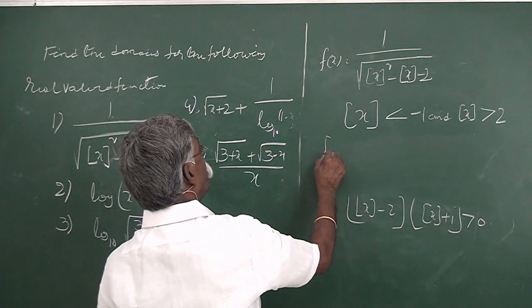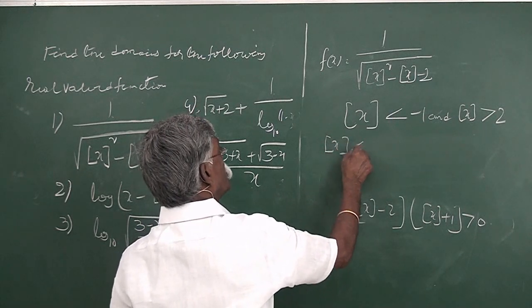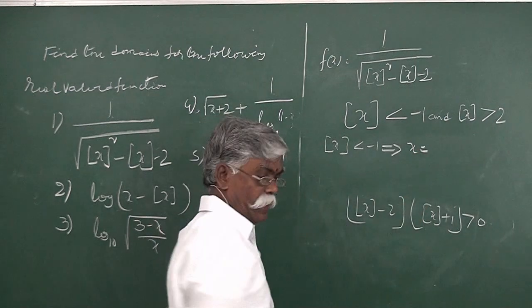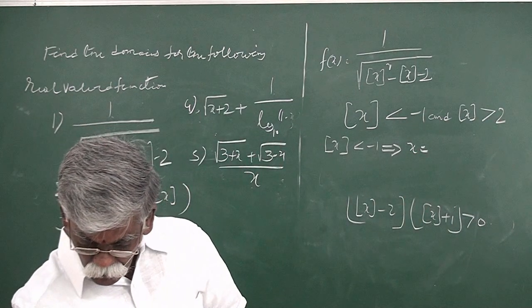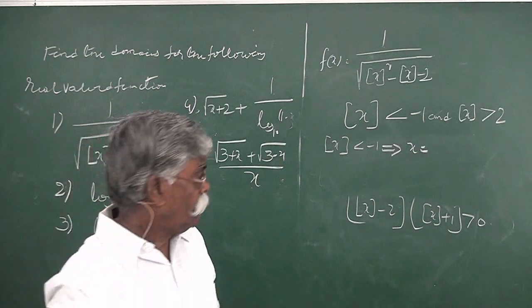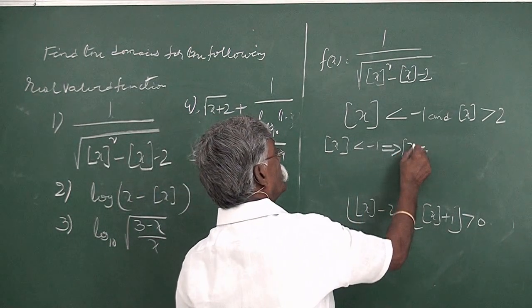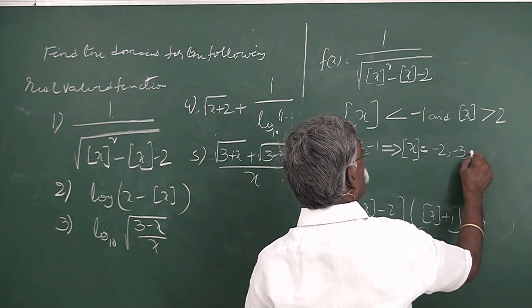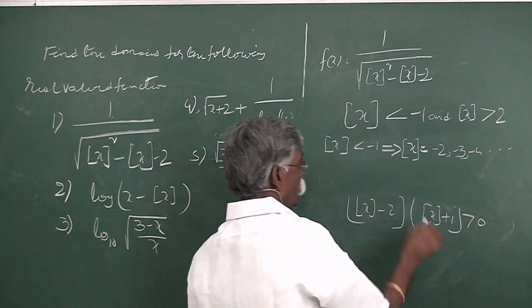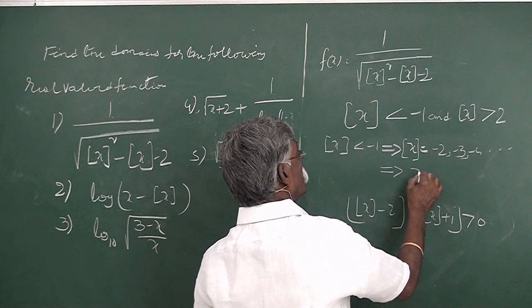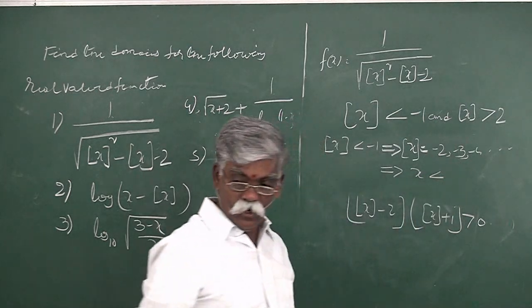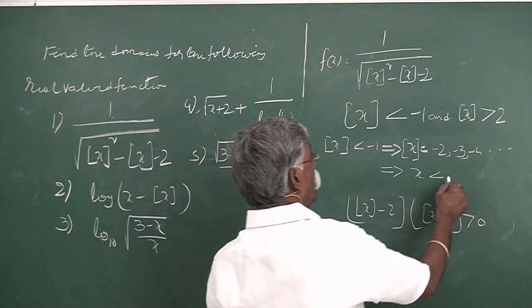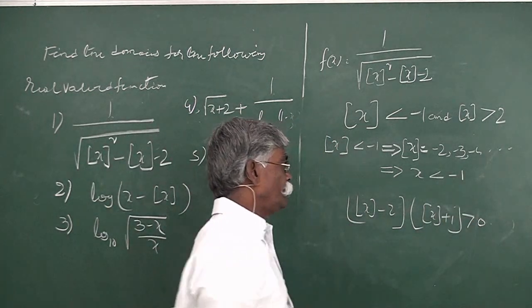[x] less than minus 1 implies [x] is equal to -2, -3, -4, etc. So this implies x is less than -1.